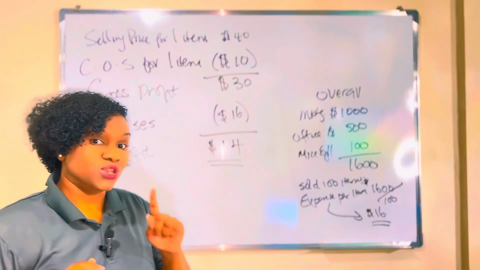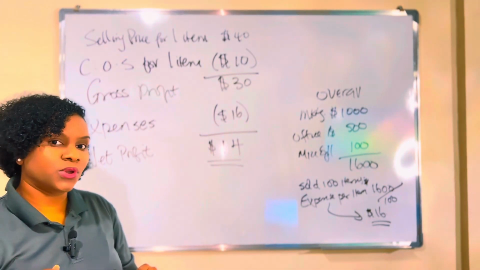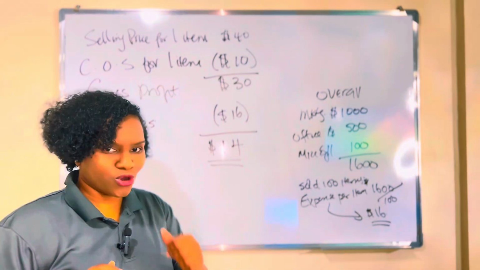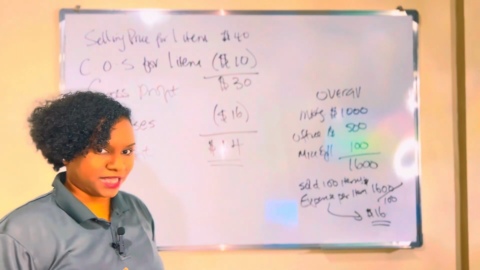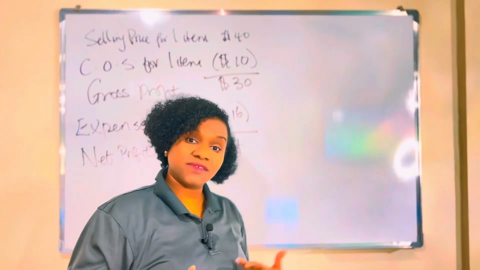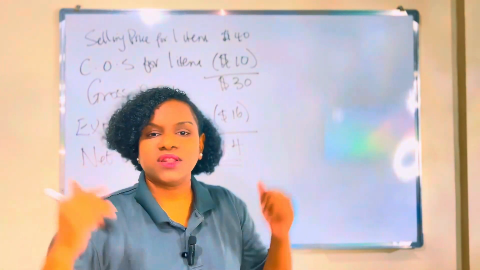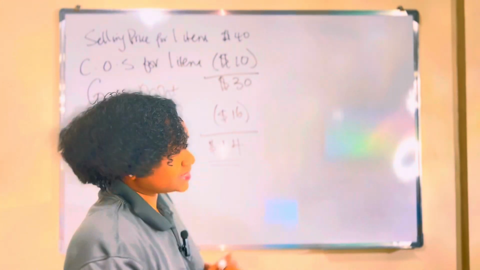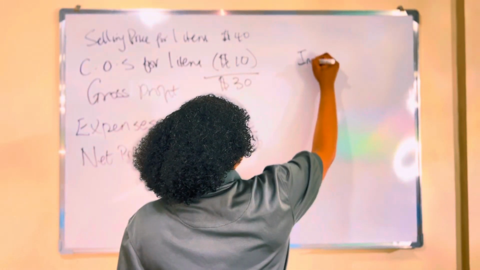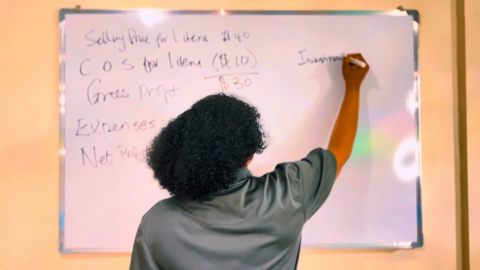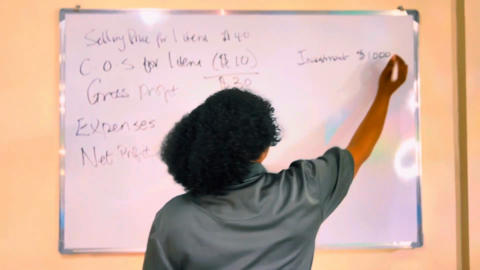All right. So we're now going to get ready to compute what is your return on your investment. Let's begin. For the purpose of this example, we are going to say you have invested $1,000 into this business. So investment, $1,000. Good.